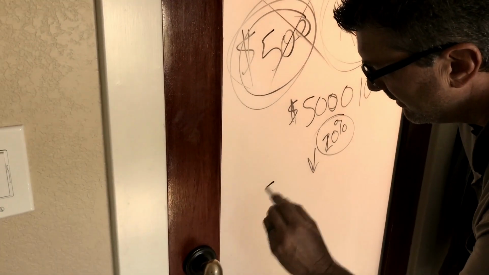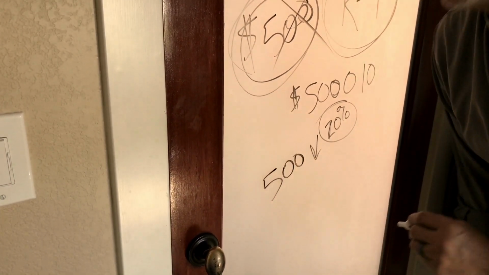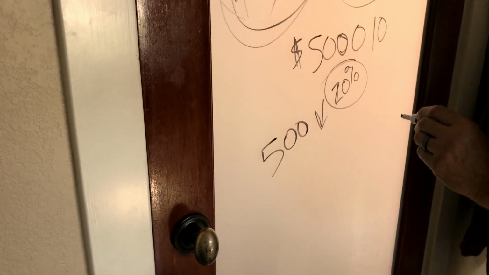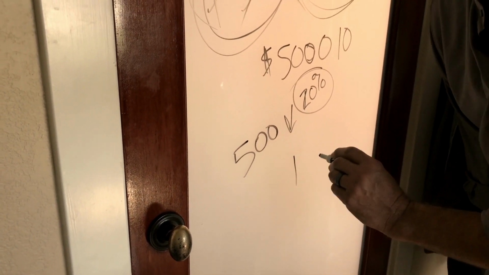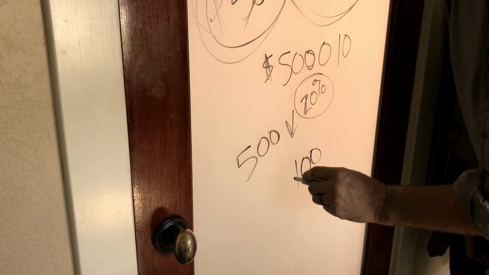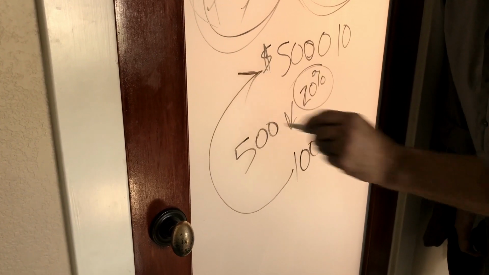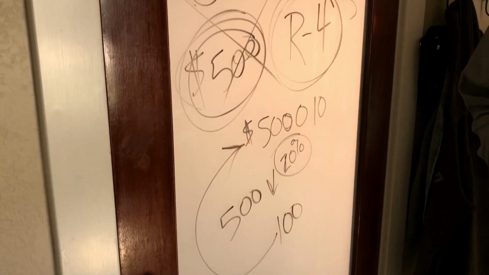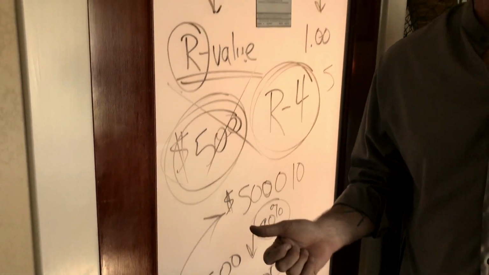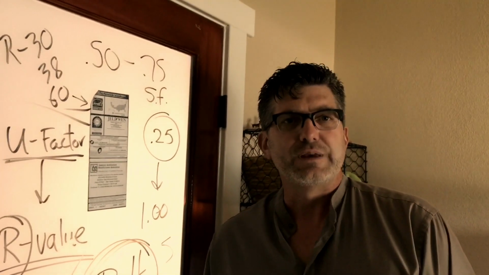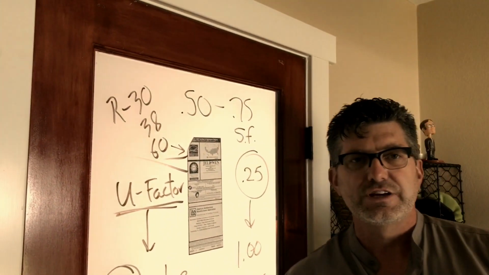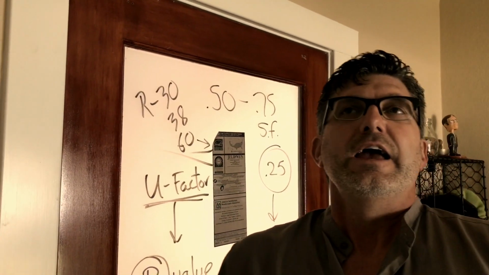If you're spending a radical $500 a month on your electrical bill and you reduce that by 20%, am I doing my math right? You save $100 a month. Well, just ask yourself, how long is it going to take to pay for that $5,000 window change out? You're not going to be rolling in the Benjamins later this year just because you change the windows out in your house. However, you will be if you change out the insulation in the attic.